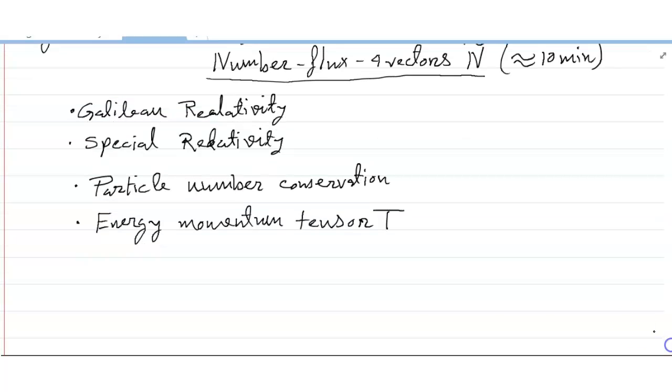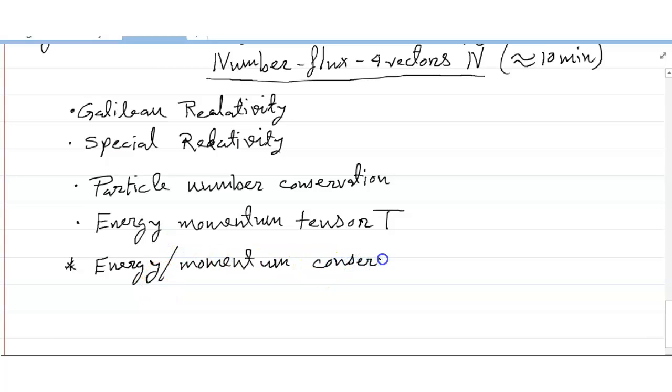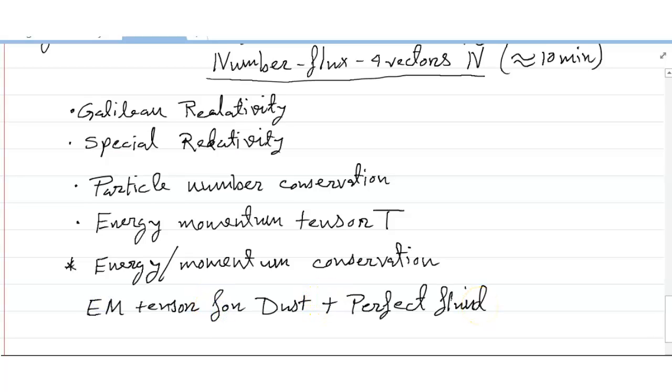Number 5, energy momentum conservation; and the energy momentum tensor for dust-like perfect fluid. Instead of just throwing equations at you to begin, we are going to consider the energy momentum tensor for dust-like perfect fluid distributions of matter.